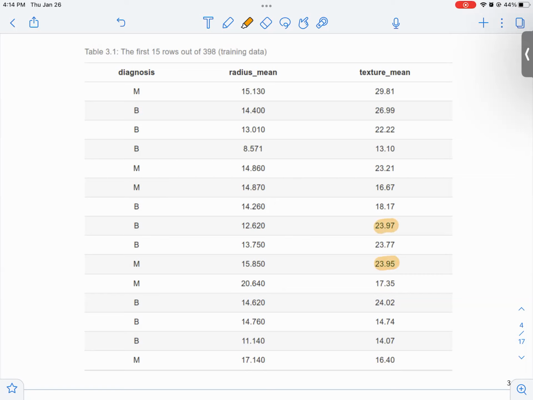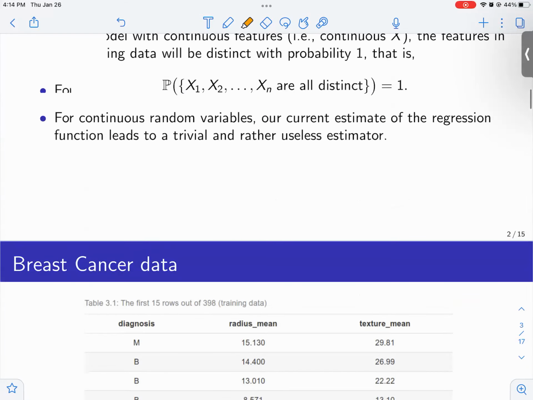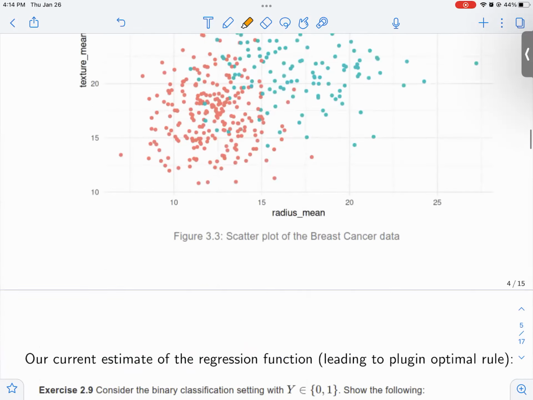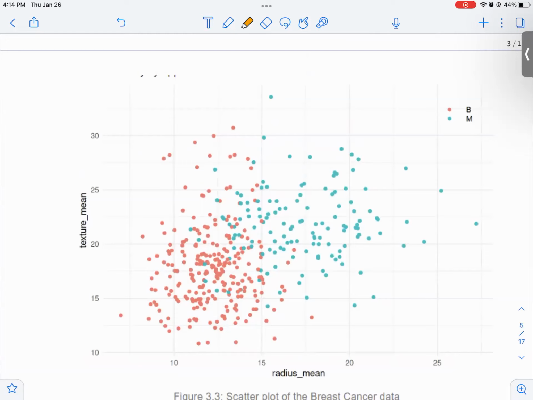It could be that you find repeated values, but these continuous distributions are good models of continuous variables.